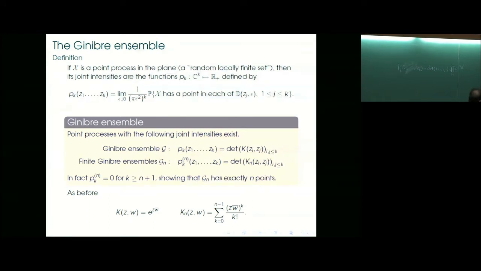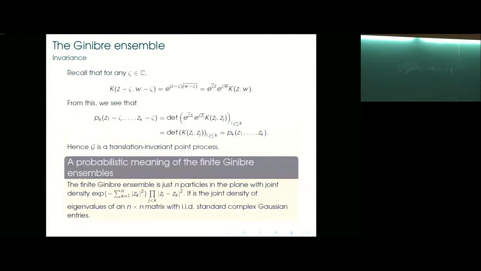So in particular, if you take K of z z times e to the minus mod z squared, that's the first intensity, and that is 1. So that's the same everywhere. Okay, so in fact this point process is also stationary, and that is seen from translating the kernel. Again, if you just translate the point process, the joint intensities are just translated, and then you can check that the determinant doesn't change and you get back the same thing.